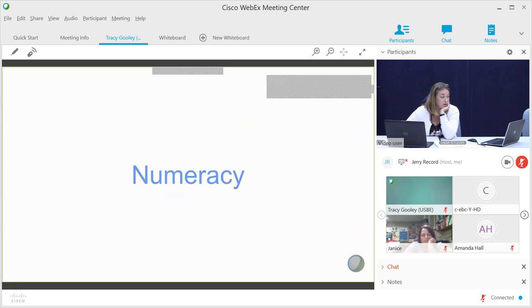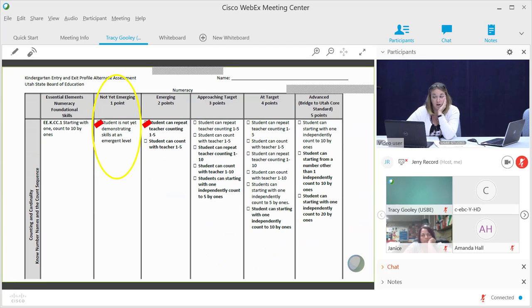Okay, so when looking at numeracy, you're going to do the same thing. So you'll go through and you'll look at each skill set and decide whether a student has it mastered. So the one thing we found when we put numeracy together was a lot of our essential elements were very similar to what the regular kindergarten standard was, because so many of these skill sets in numeracy are already at your basic entrance level.